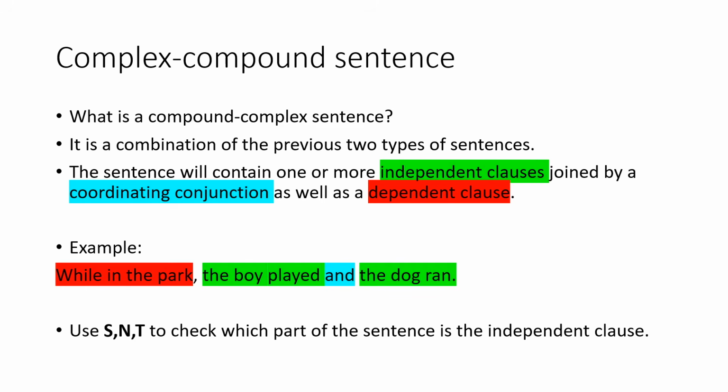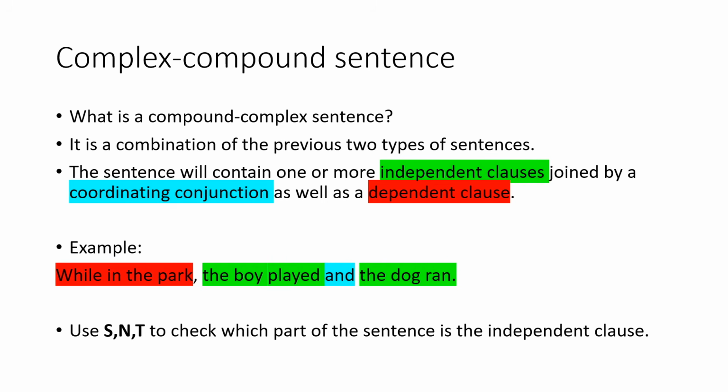While in the park, the boy played and the dog ran. Once again, you can use the rhyme SNT to help you determine which part of the sentence is the independent or main clause and which part of the sentence is the dependent or the subordinate clause.